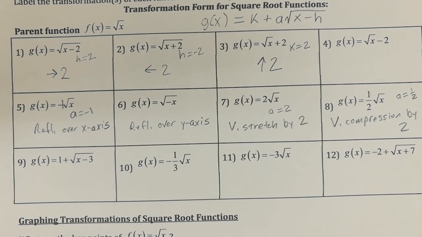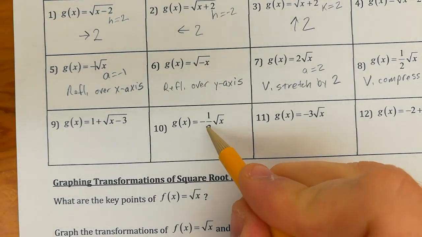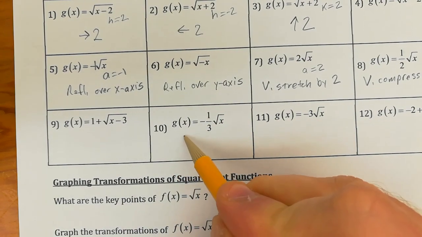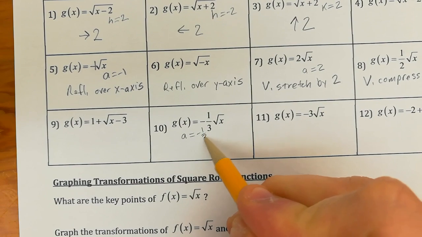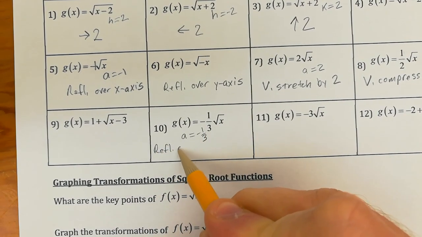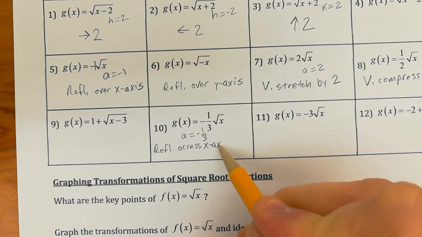All right, let's look at number 10 here. This one we have a negative out front. A is negative 1/3. If a is negative, you're going to have a reflection across the x-axis, or over, I said earlier, it doesn't matter.